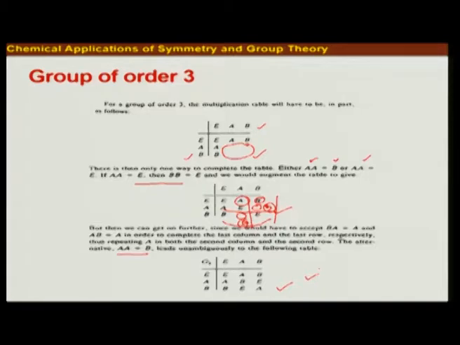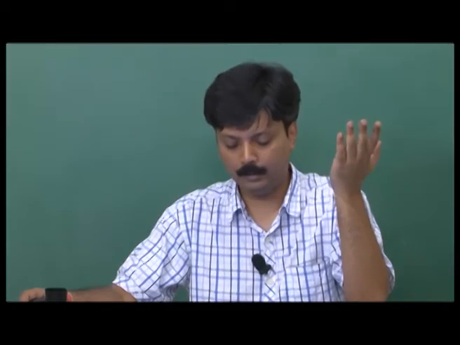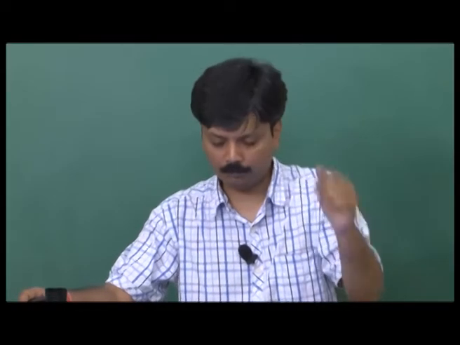So this is a unique way to find the group multiplication table of order 3. In the same way, you can keep going to higher orders, like a group of order 4, 5, 6 and so on.